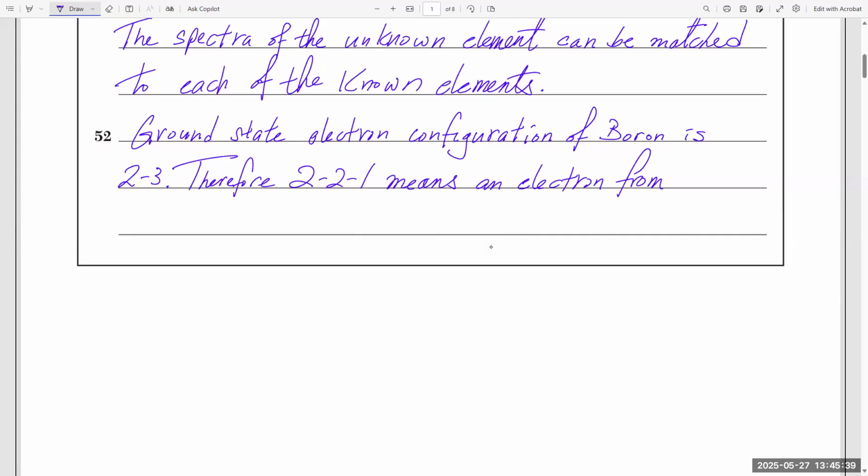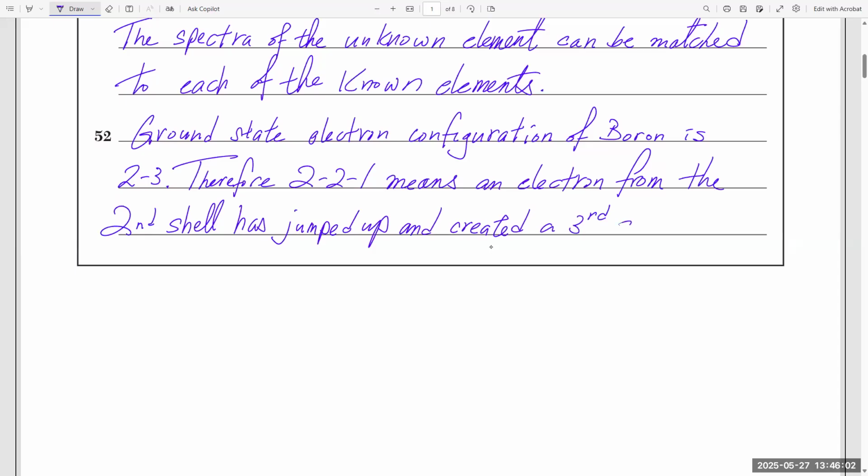Over here, which would be the second shell, has jumped up and created a third shell. Okay? All right, let's continue.